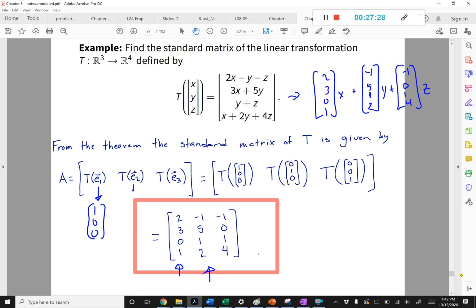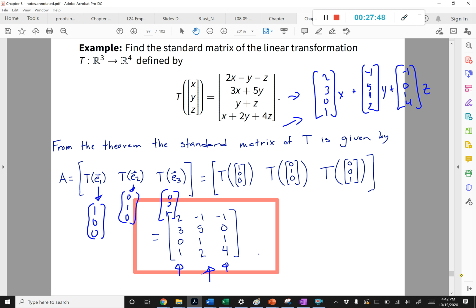How about 0, 1, 0? Where does that go? Well, that's just going to pull out the coefficients for the y. So you get a minus 1, 5, 1, 2. And what about 0, 0, 1? That's just going to pull out the coefficients for the z's. You get that. So there's two different ways of thinking about it.